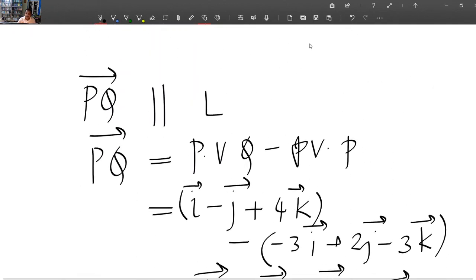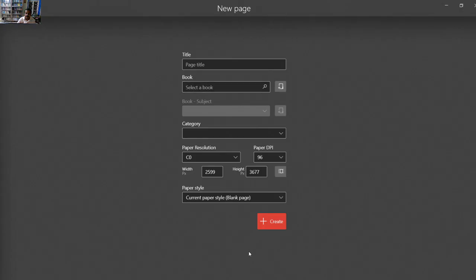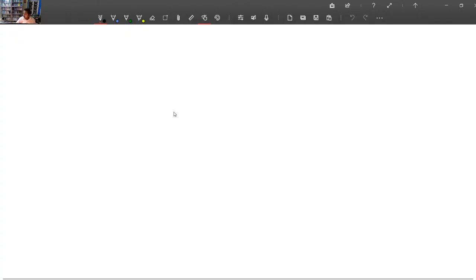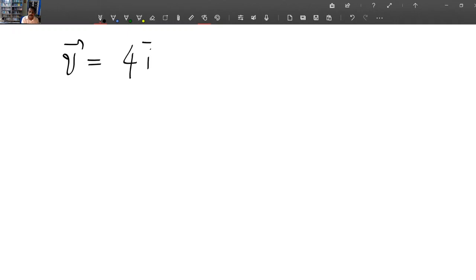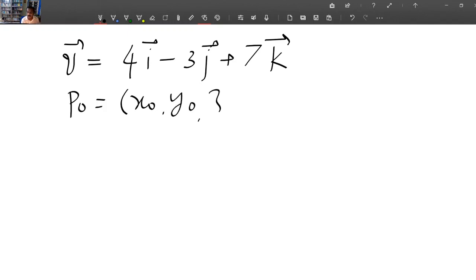So we create a new page. The given vector V is 4I minus 3J plus 7K, and we have the point P naught equal to x naught, y naught, z naught, that is 1, minus 1, 4.